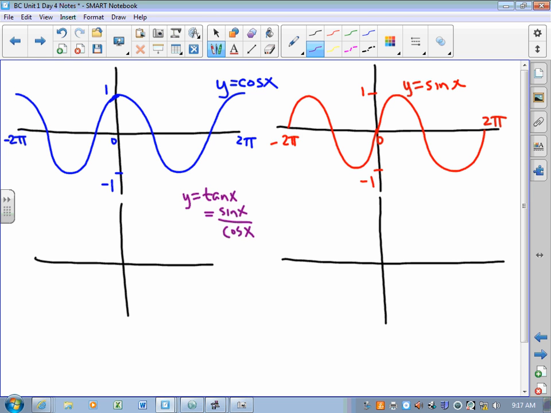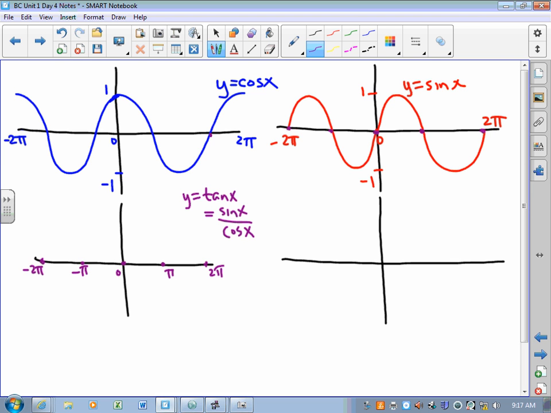And so what does that mean? That means everywhere the sine graph is 0, the tangent graph will be 0, which means the tangent graph is 0 every pi. 0, pi, 2 pi, and so on.